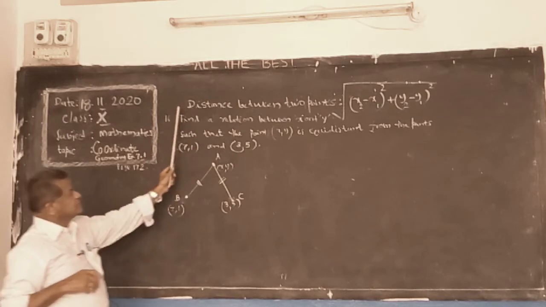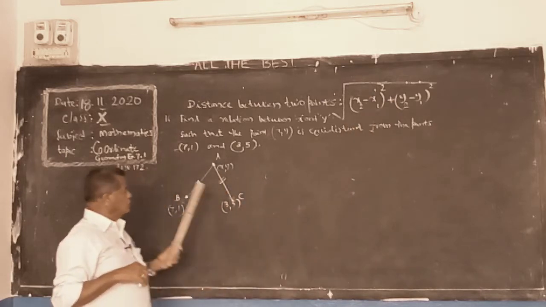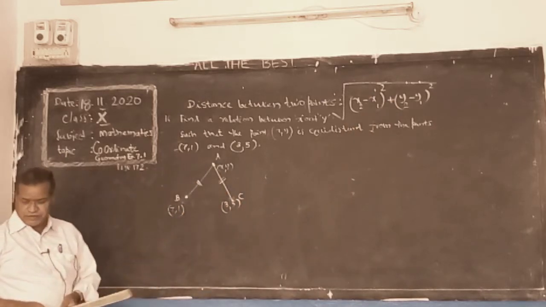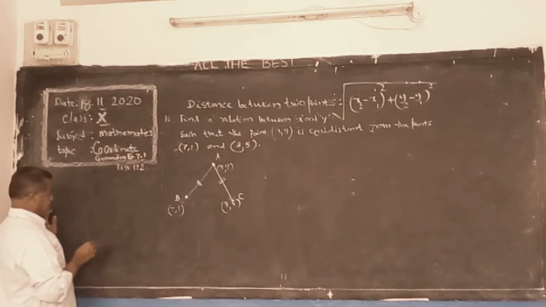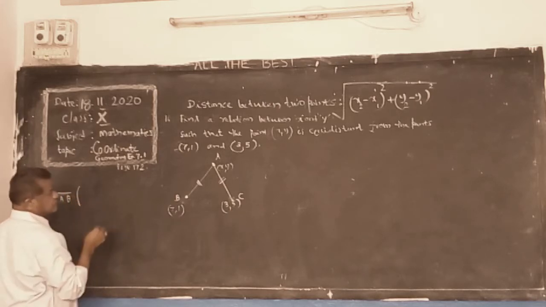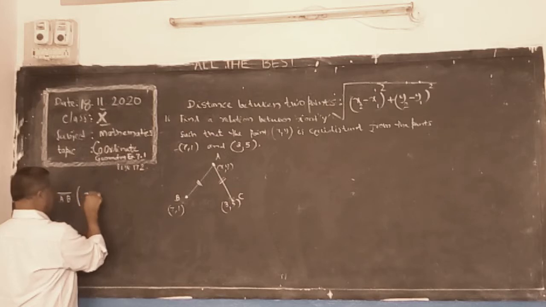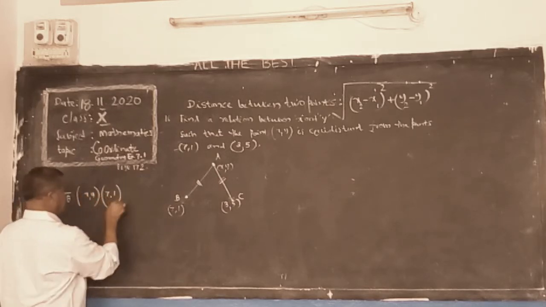By applying the distance formula, we can find the relation between x and y. Let us find the distance AB, the length of AB. The coordinates of A are x comma y, and B is 7 comma 1.